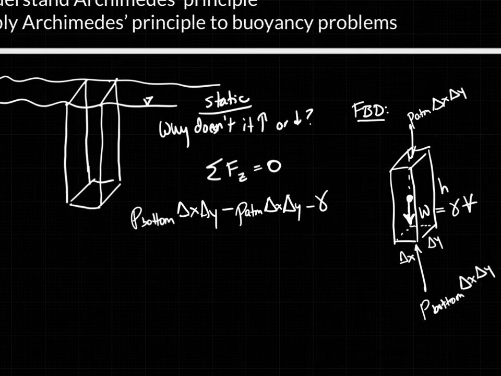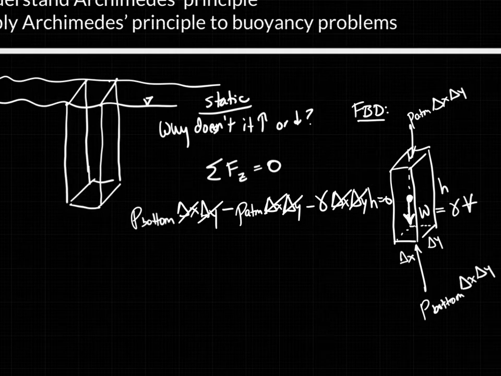What's the volume of a prismatic solid? It's delta x, delta y, h. So the sum equals 0. One of the nice things about this, and this is one of my favorite quick derivations, is that delta x, delta y are on every term, so they go away. It kind of makes sense that they would.